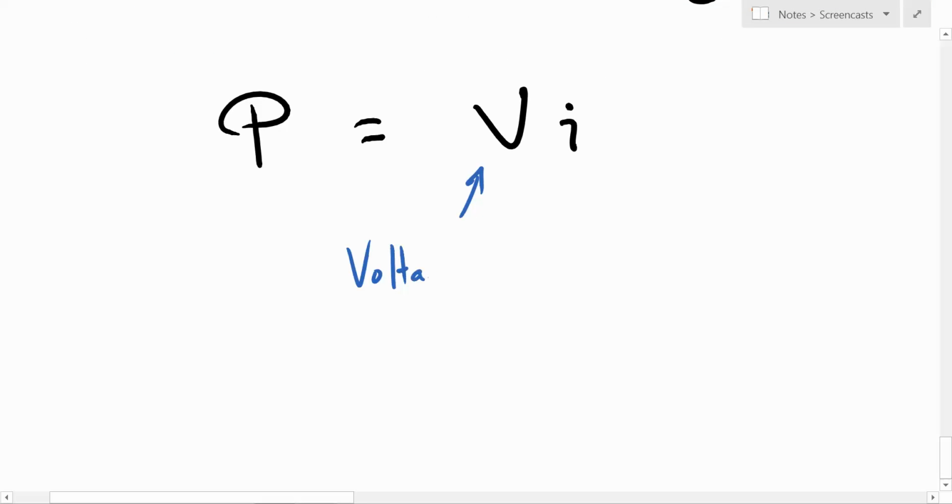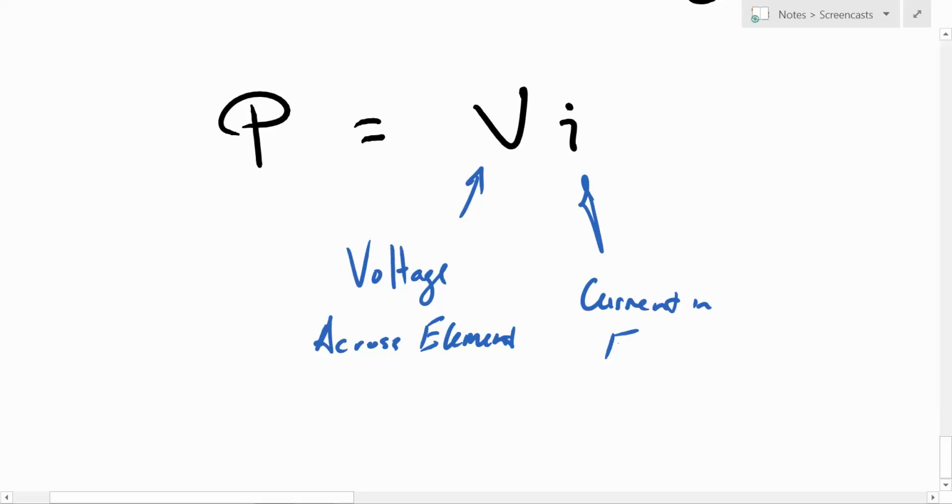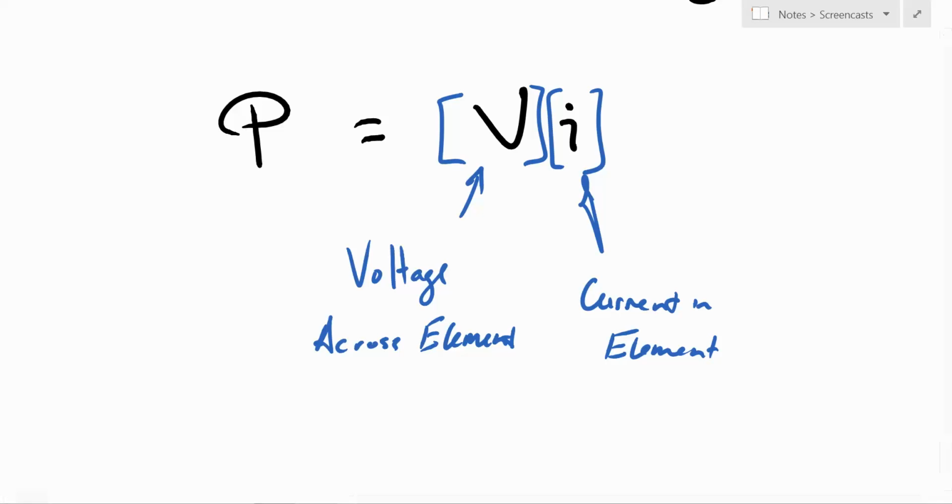So, voltage across element, current in element. And a way to think about this in terms of the analogy we were making between this and gravity, we're saying the power delivered is more or less the height of the element times the rate at which you are pushing masses through that height, or up that height.